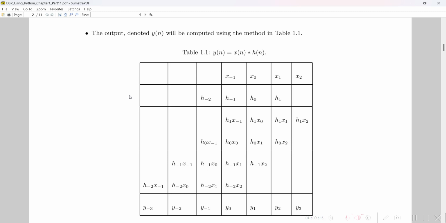So up to here, we have understood how to put the information in the first and second row of the table.